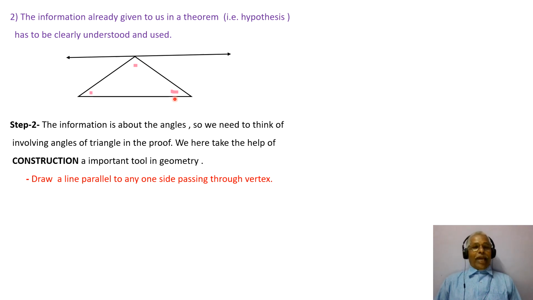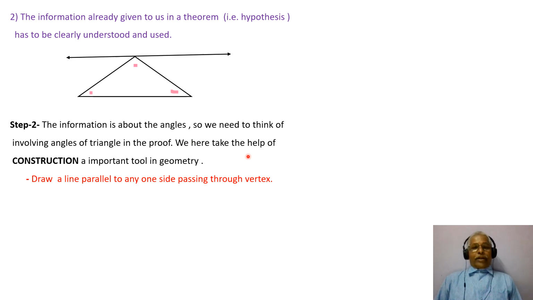These are three angles and look at this line. So step 2, the information is about the angles. We were talking about the sum of the angles, so the information is about the angles. So we need to think of involving angles of a triangle in a proof, because we are concerned with angles.